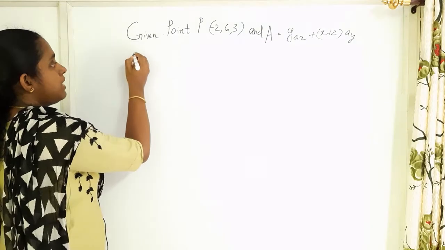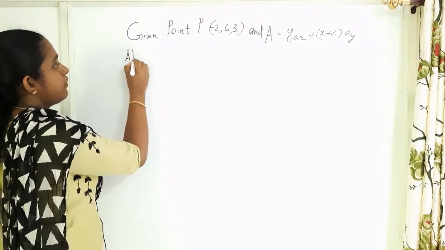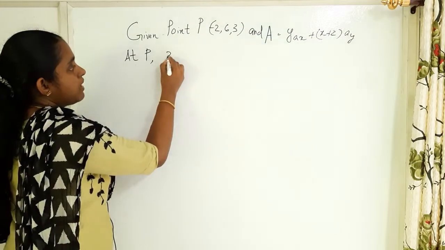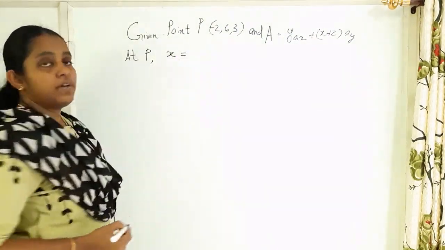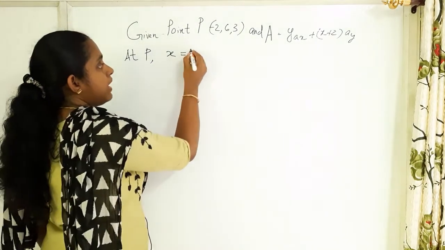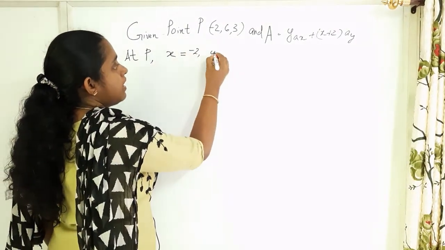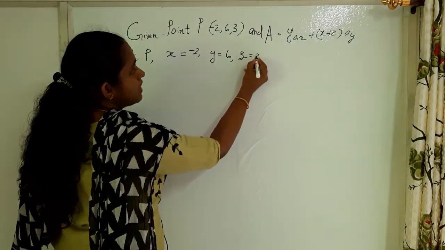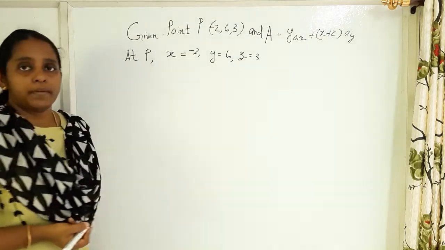At this point P, what are the Cartesian coordinates? We can write the Cartesian coordinates x, y and z: x is -2, that is given, y is 6 and z is 3.